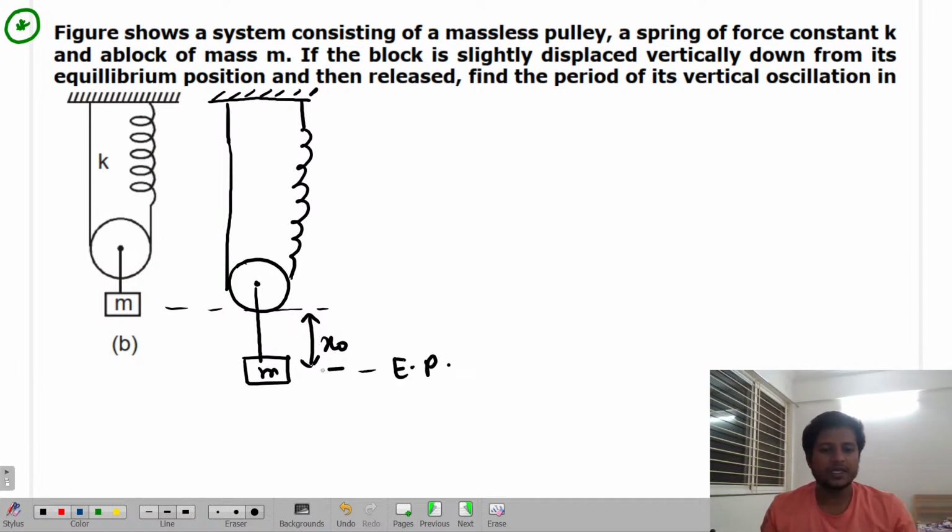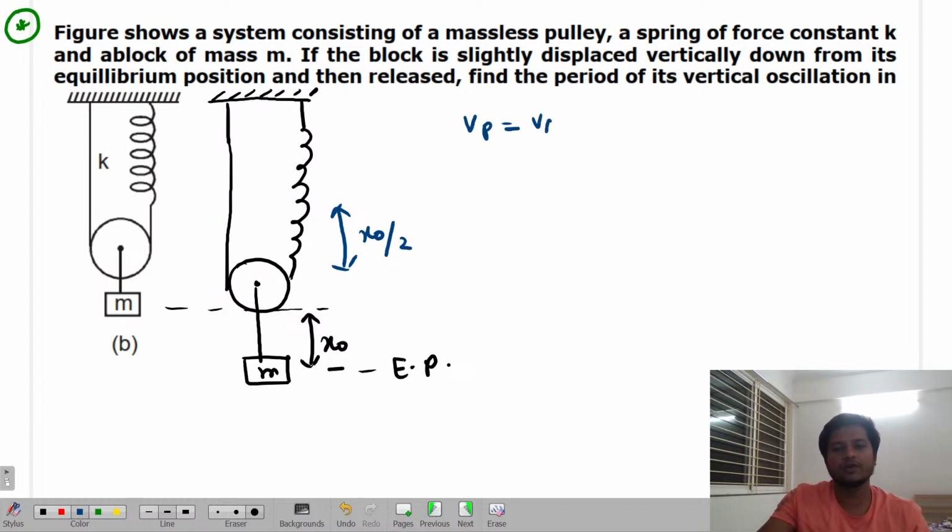अब मान लो अगर ये x नॉट है तो इधर का एक्सपेंशन जो होगा वो x नॉट बाई टू होना चाहिए ना, है ना, यही होना चाहिए। हमें मालूम है v of pulley is equal to v of a plus v of b divided by two. अब v of a और v of b दोनों सेम होने वाला है, तो v of pulley is... oh 1 minute, sorry, it's not x naught by 2, it is how much, twice of x naught.